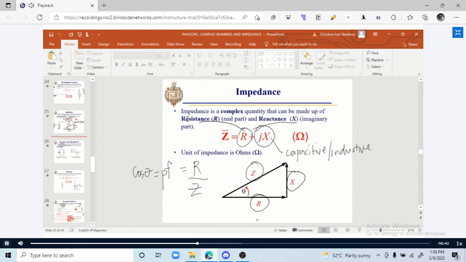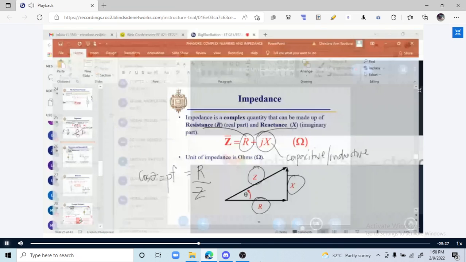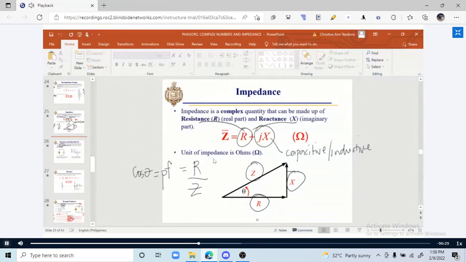Capacitive and inductive cannot be on the real part, because on the real part, that's only the resistance. As well as the resistance cannot be placed on the imaginary part. It is only on the real part. Are we clear about that?